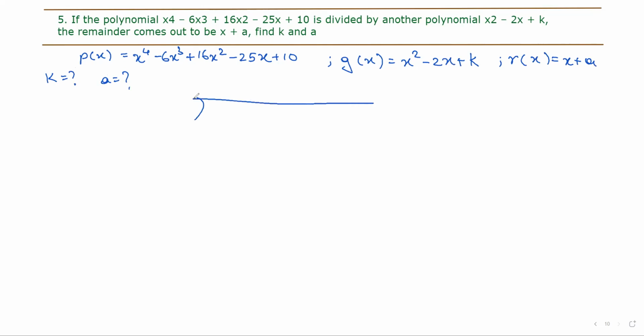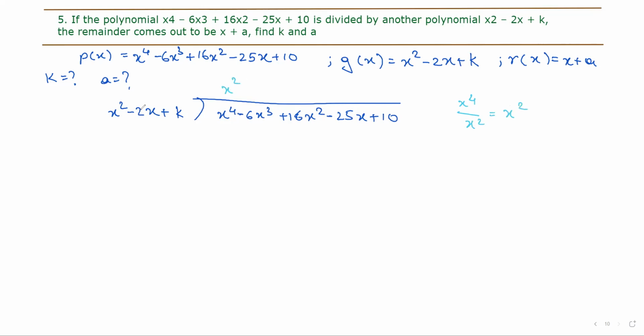Divide the given p of x, which is x to the power 4 minus 6x cubed plus 16x squared minus 25x plus 10, by g of x, which is x squared minus 2x plus k. So dividing the first value, x to the power 4 divided by x squared, you get x squared.